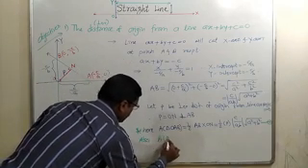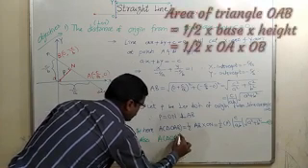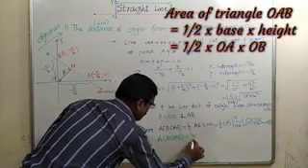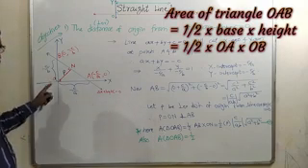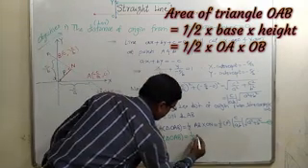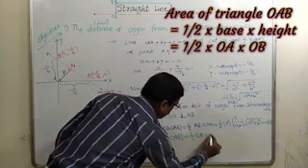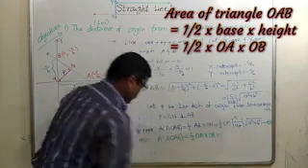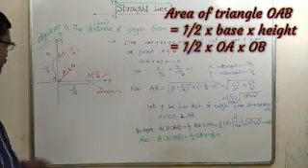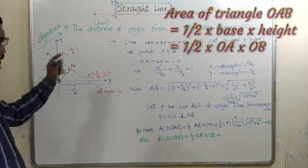Area of triangle OAB is equal to 1/2, base is OA and height is OB, OA into OB. So we are using a similar formula but changing base and height.